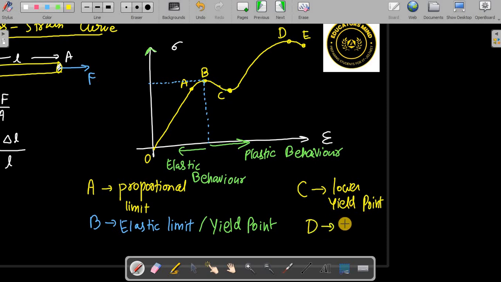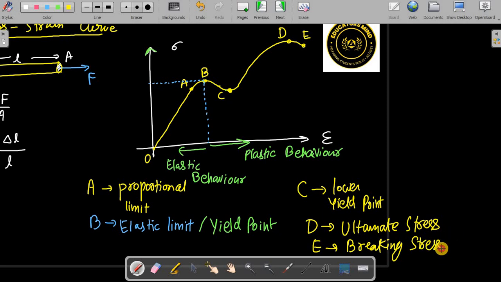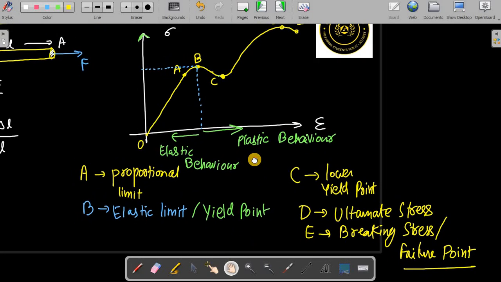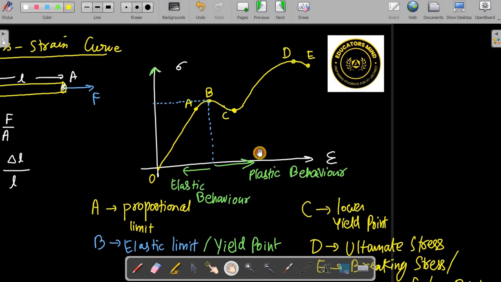Point D is the ultimate stress, and point E is called the breaking point, breaking stress, or failure point. These are some of the important points that we should know.